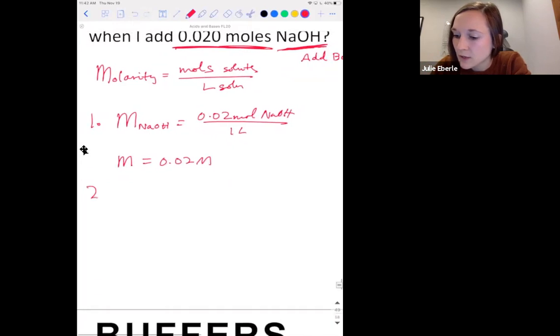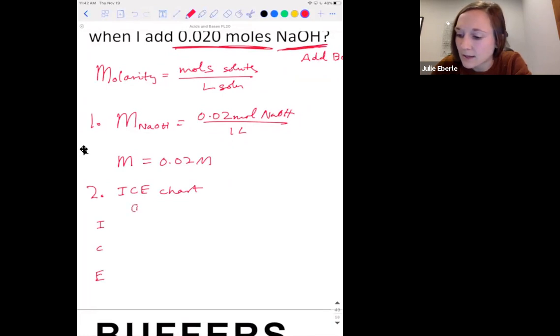So step number 2 in a buffer problem is you make an ice chart. With an ice chart, we look at the initial, the change, and the new equilibrium concentrations. I stands for initial, C stands for how they change, E stands for the new equilibrium concentrations of our weak acid and conjugate base.